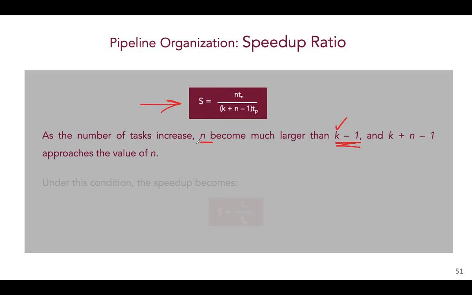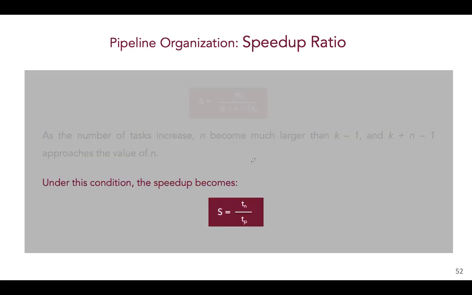So when n is too big and k minus 1 is very, very small, almost negligible, this value k plus n minus 1 will approach the value of n. It will be almost the same as n, all right? When we put this information, k plus n minus 1 approaches n, in this equation, you get this.